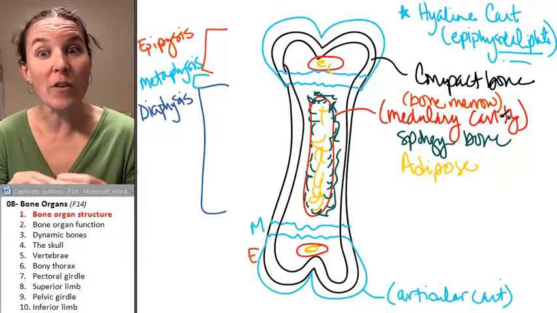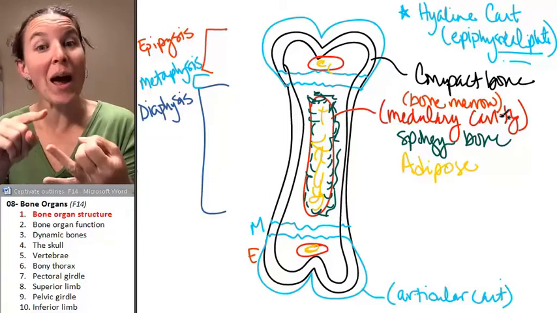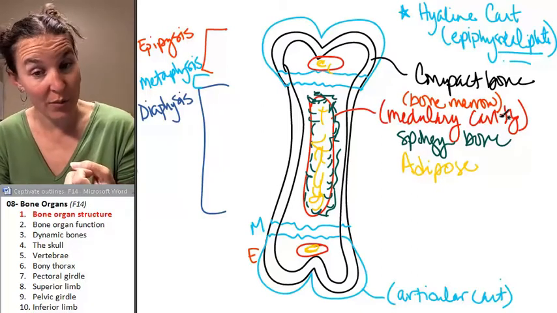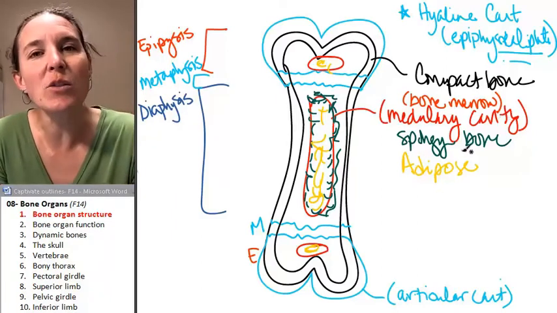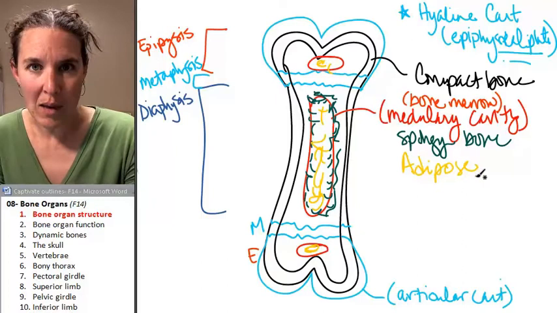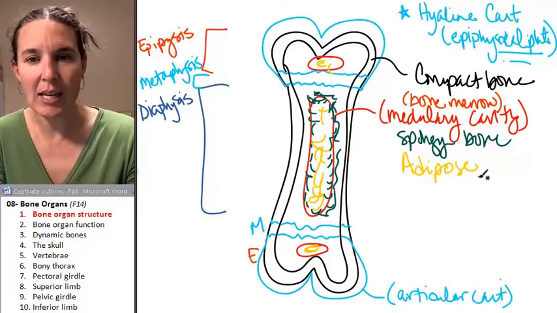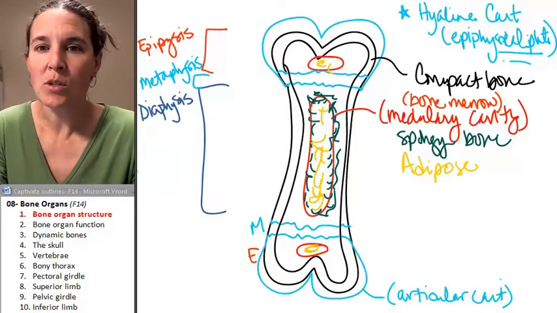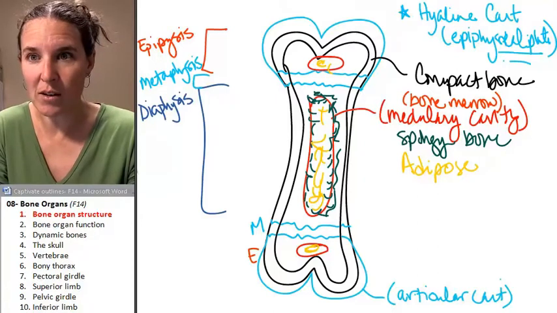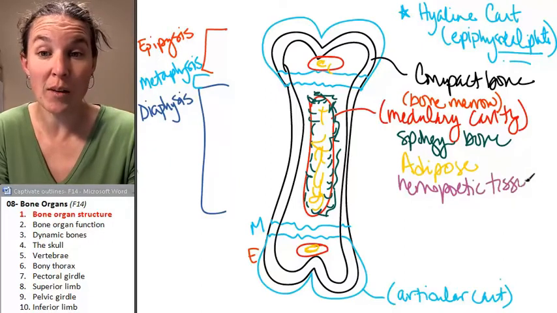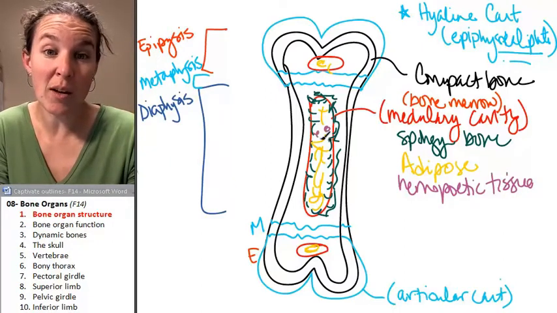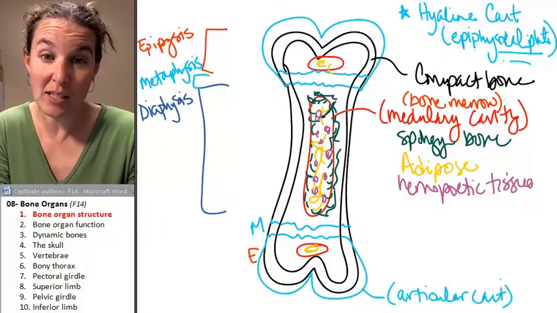It's also filled with adipose tissue and spongy bone tissue. And then it's filled with blood cell making tissue, which is hemopoietic tissue. So in addition to all of these other tissues, we have hemopoietic tissue, and this is the tissue that basically births blood cells.